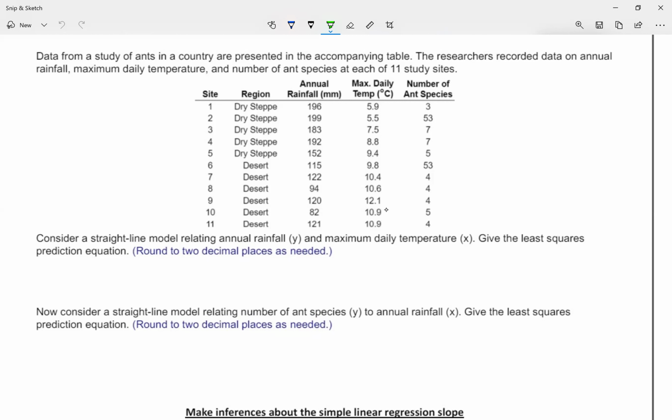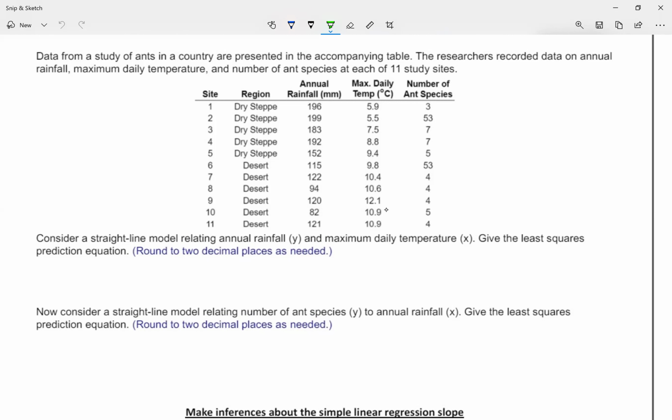So there were 11 sites, so my n is equal to 11. And we have what type of region it was. Then they measured how much rain, in millimeters, they got in a year. Then they also measured, on each of those 11 sites, the maximum daily temperature in Celsius.